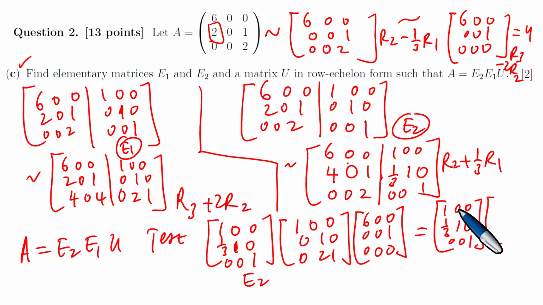So this one is going to become what? 6. This one is going to become 0. This one, 0. This one, 0. This one, 0.